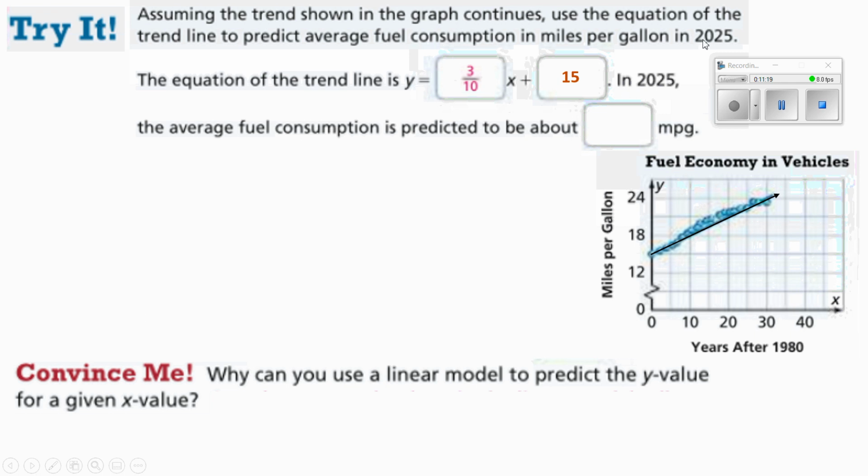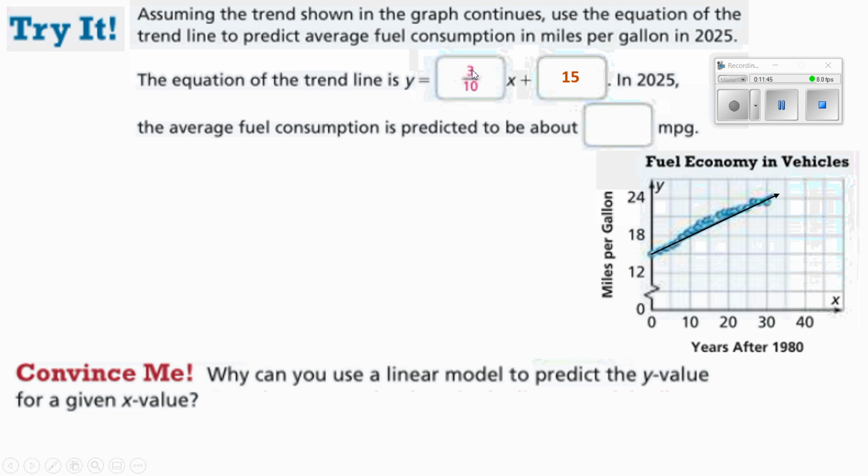Well, remember, we want 2025. This is the years after 1980. So this would be 1990, 2000, 2010, 2020, 2025. That's about 45 years. So now I have to take 45 and multiply it to 3.